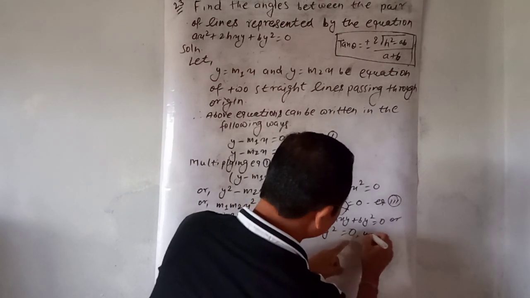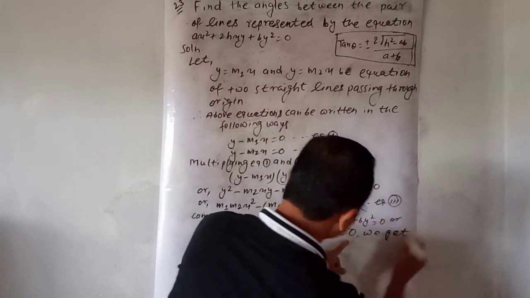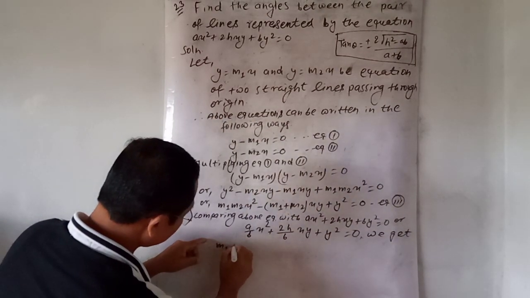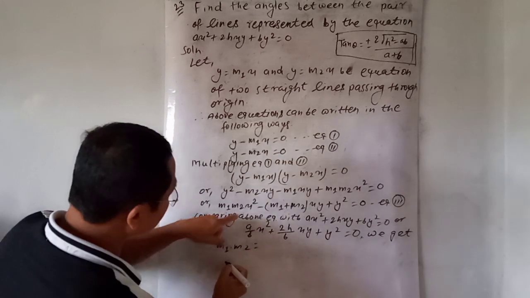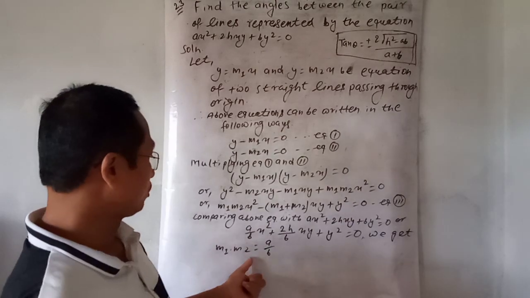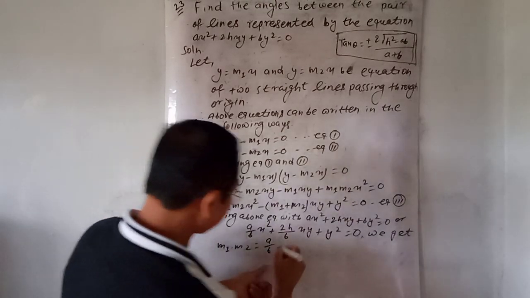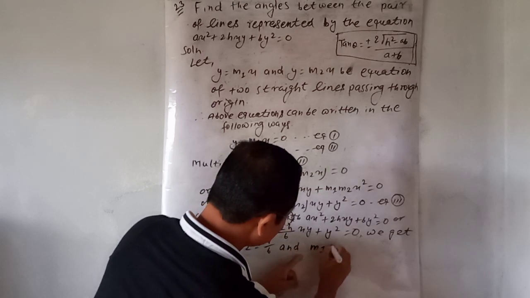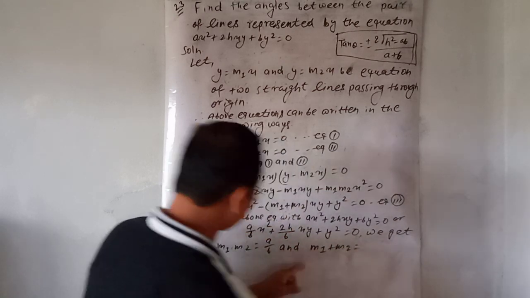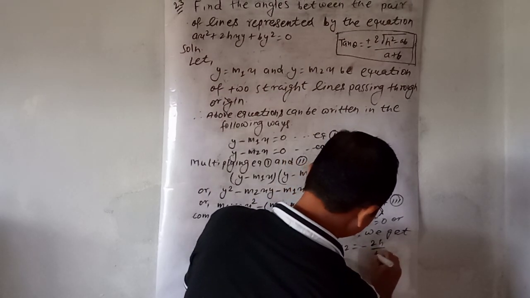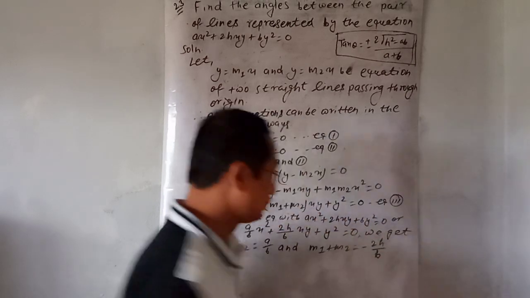So we get the value of m1 into m2 is equal to a by b, and m1 plus m2 is equal to minus 2h by b.